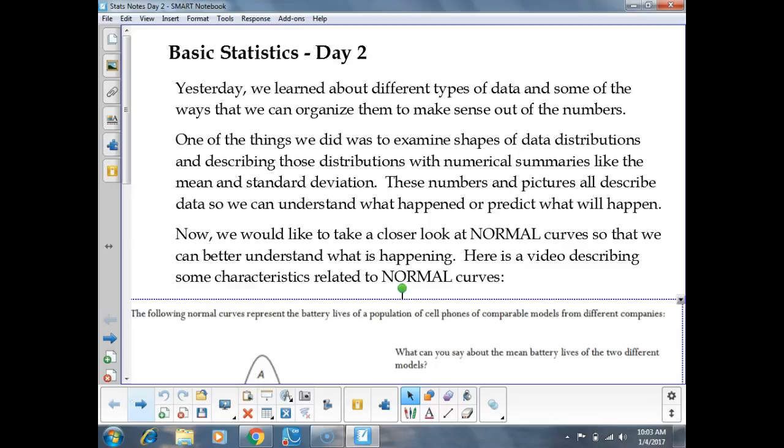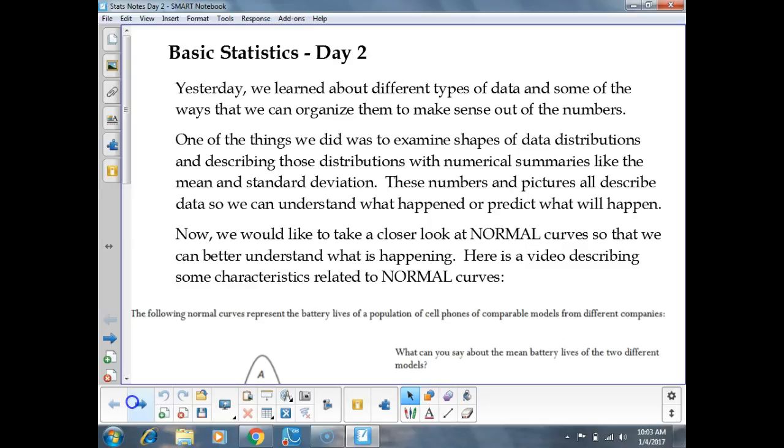Make sure that you have yesterday's white sheet out, because we're going to start by talking about it momentarily. Yesterday we learned about different types of data and some of the ways that we can organize them. It's a video presentation to get you through the statistics part, a quick dipping of the toes into the statistical world.